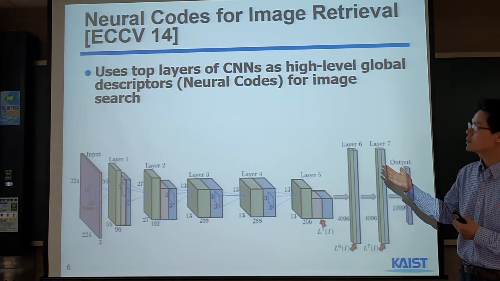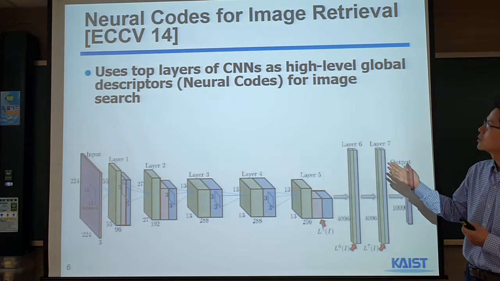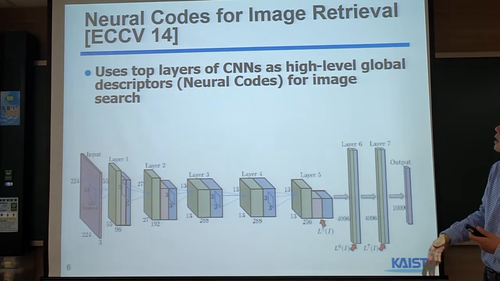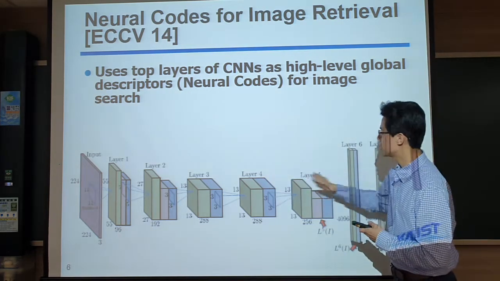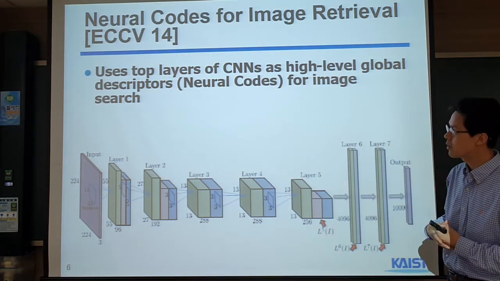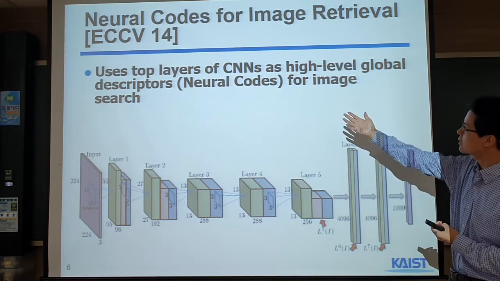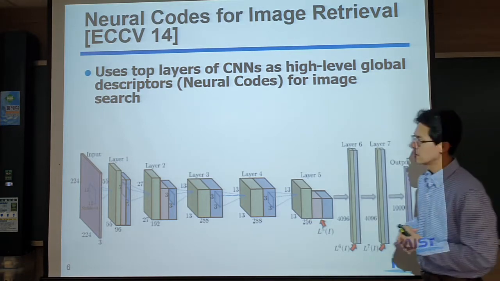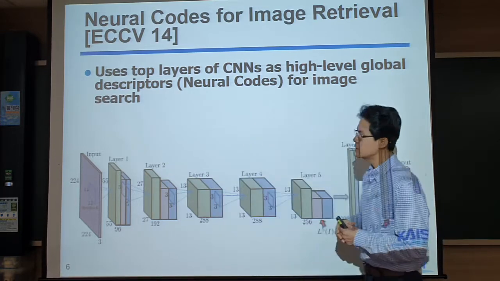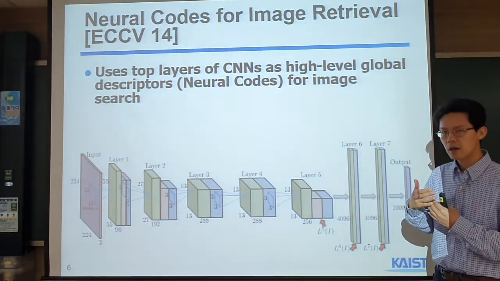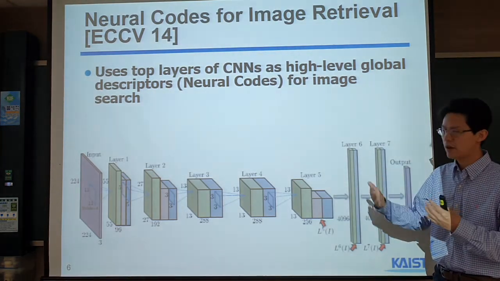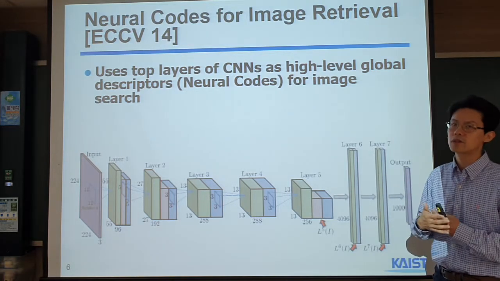This is one of the early works on utilizing a deep learning CNN-based technique for image search. Basically, the network architecture is very similar to AlexNet. They used a lot of convolutional neural net layers, and what they observed is that some of the lower-level layers correspond to low-level features, like extracting edges and corners.